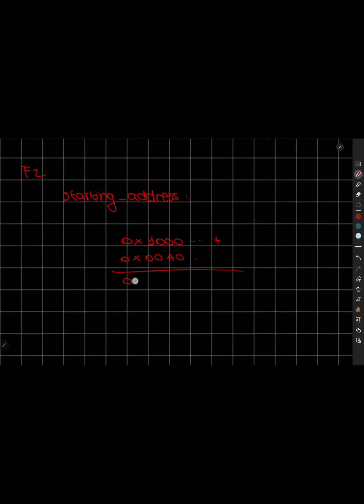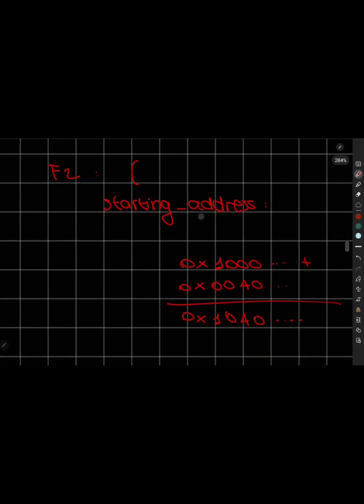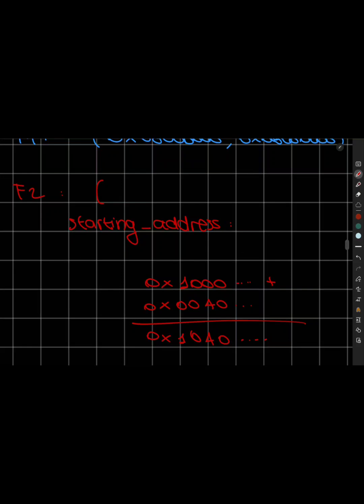So here it's very easy because it's 1 0 A 0 0 0. So the starting address for the free partition F2 is going to be 0 1 0 A 0 0 0 0.